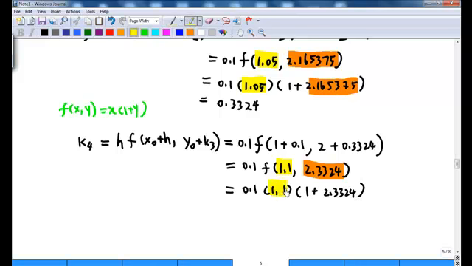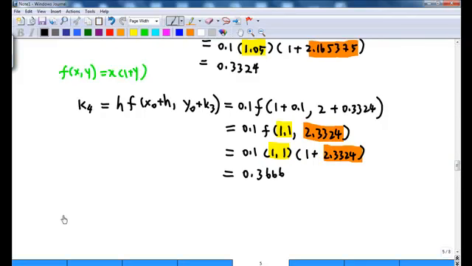Pressing the calculator manually, we find that this is equal to K4, which is 0.3666.